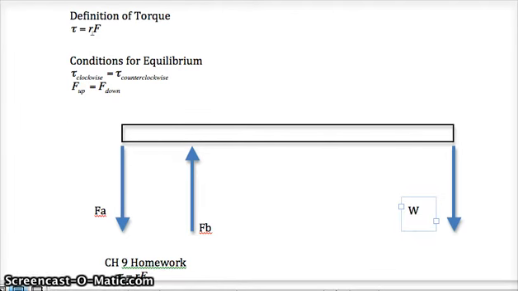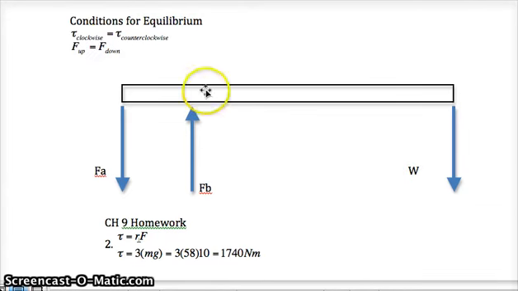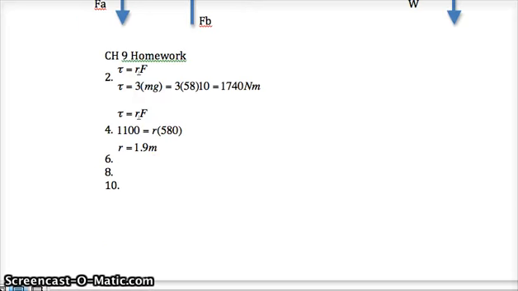So now we apply the conditions of equilibrium. And there are two, and you can do them in either order. The first condition for equilibrium is that the force up equals force down. So we're going to do A right here.